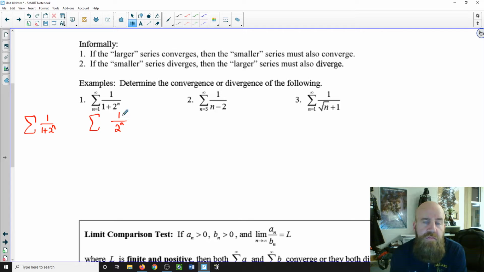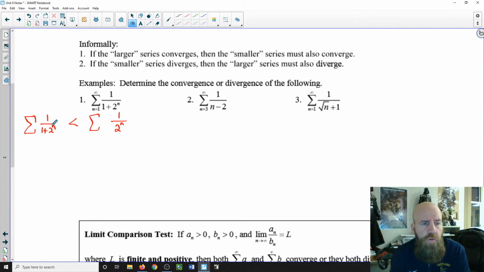We look at these two and think about which one's going to be smaller or bigger. I know if I have a plus 1 in the denominator, that's going to be a smaller number than what this would produce. So this is going to be less than. Hopefully that makes sense a little bit, and as you roll through some practice, you're going to figure it out pretty quick.